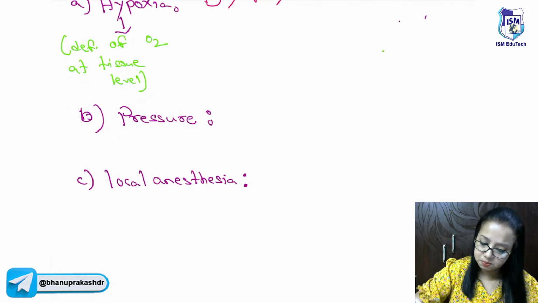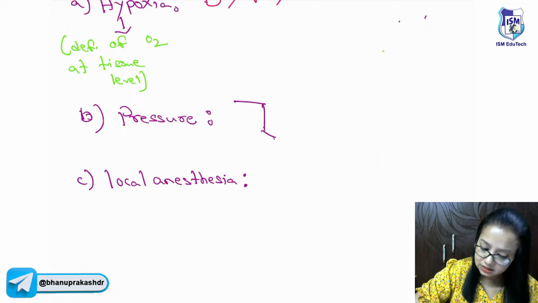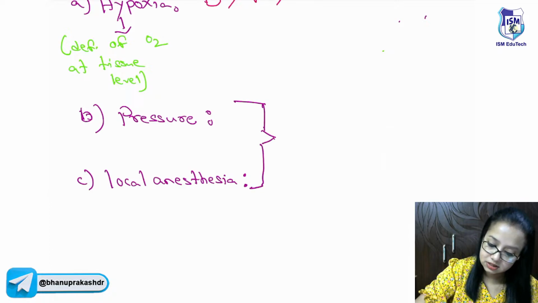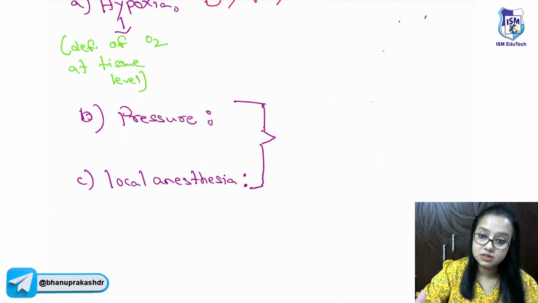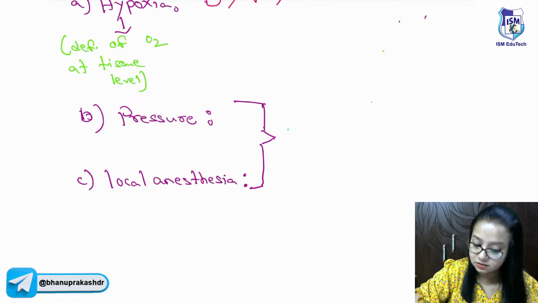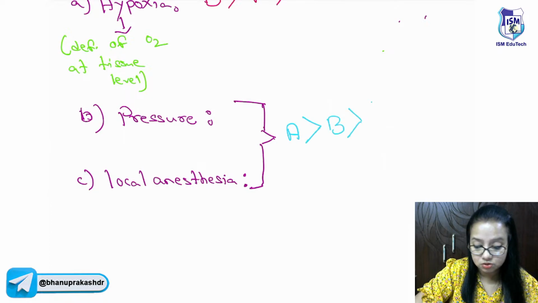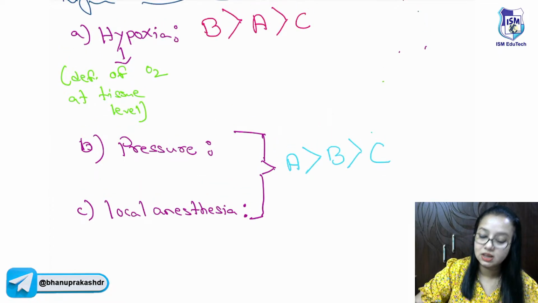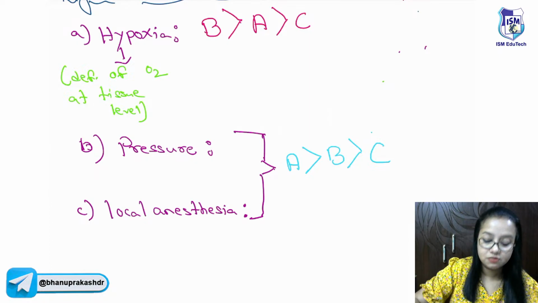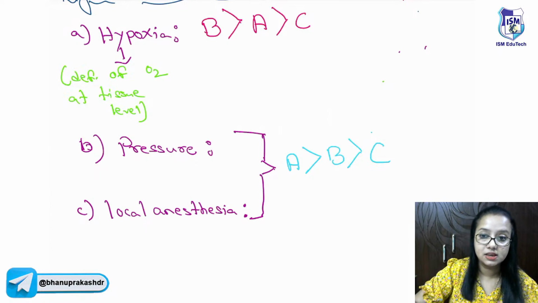So in both these conditions, the most susceptible nerve fiber, which will sense these two conditions first or in a very speedy manner, is A. It is faster than B, and B is faster or more susceptible than C. So for pressure and local anesthesia, the hierarchy is ABC, and for hypoxia it is BAC.